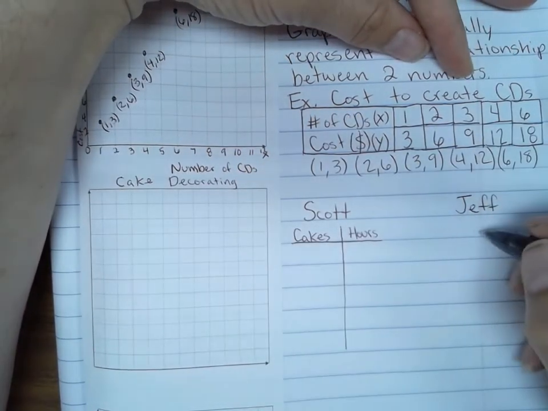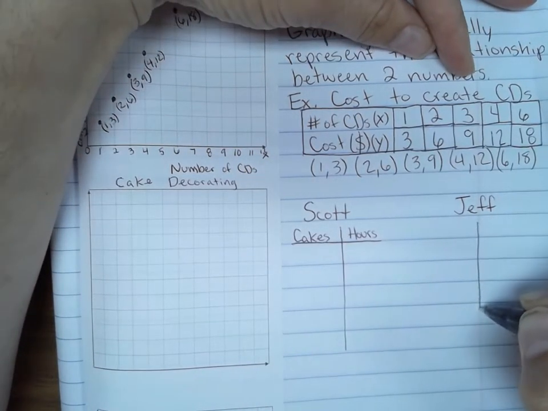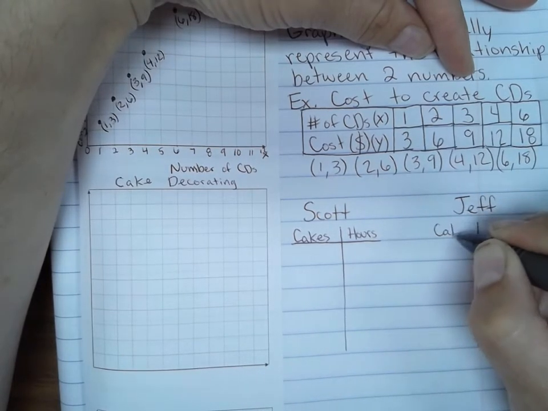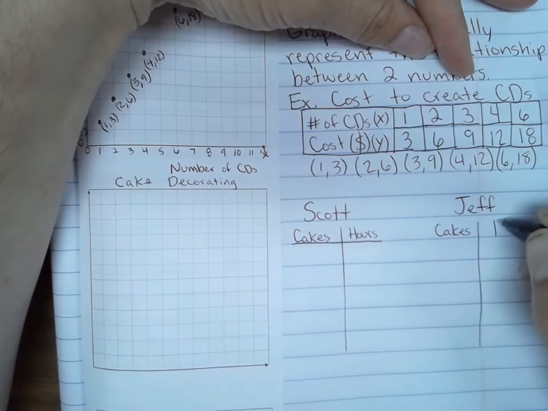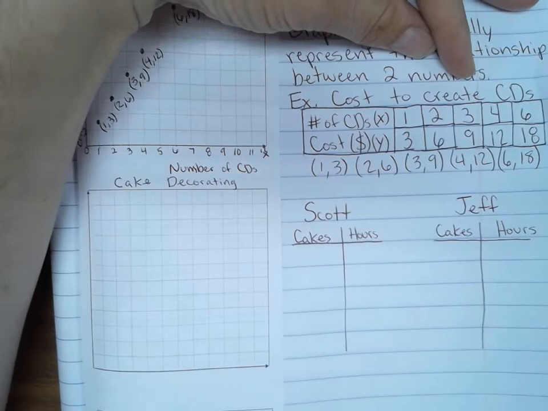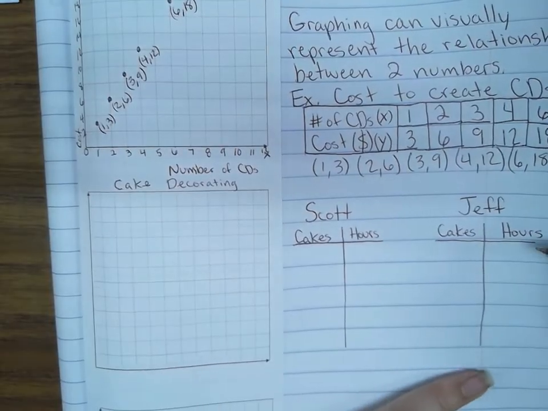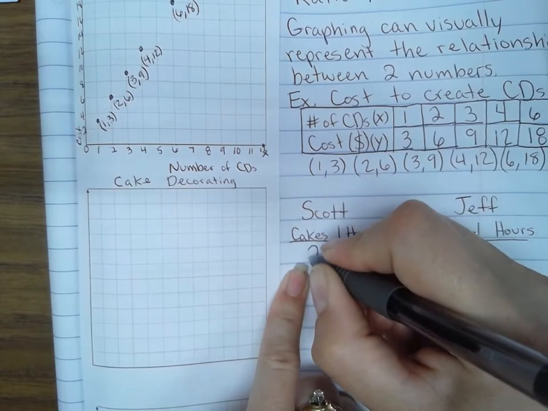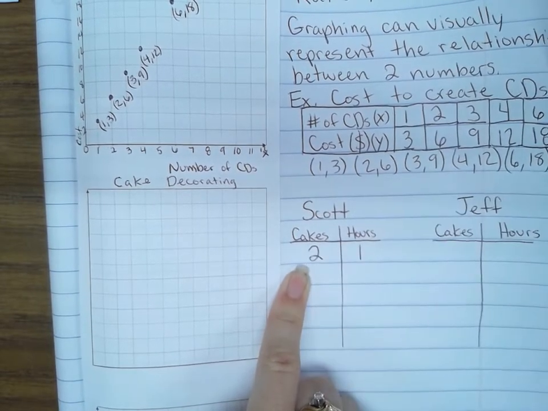Okay. Jeff. Let's do cakes in hours. So he can do 2 cakes in 1 hour.